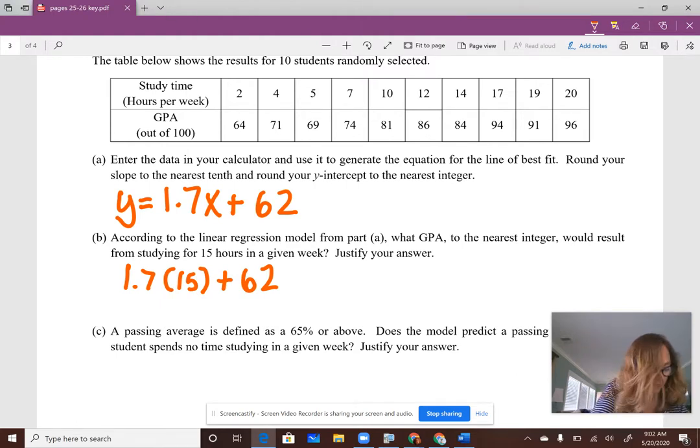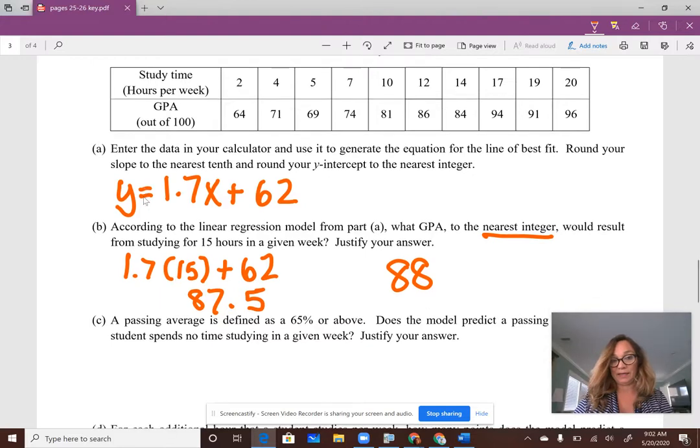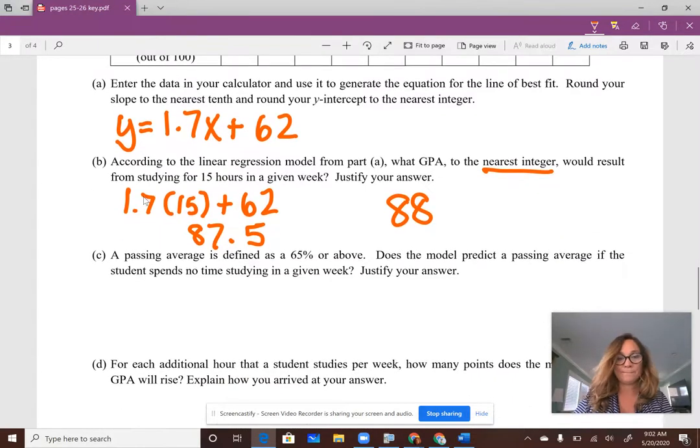You get 87.5, nearest integer, so that's going to be 88. Okay, now justify your answer basically just means either show work or explain. And since I showed work, I'm done with that.